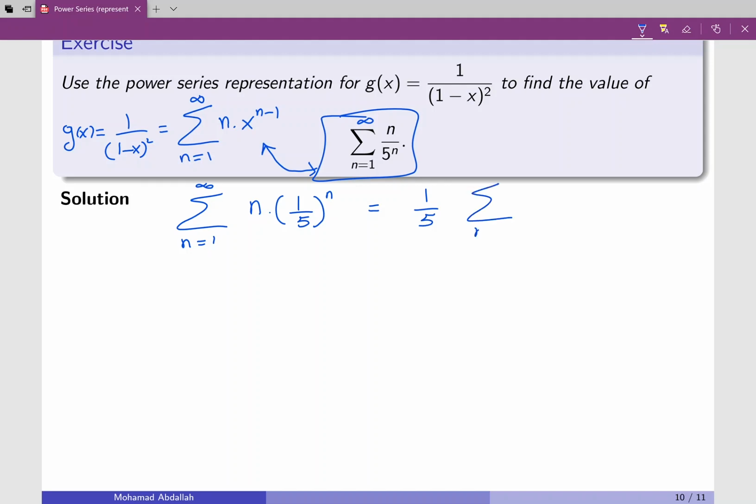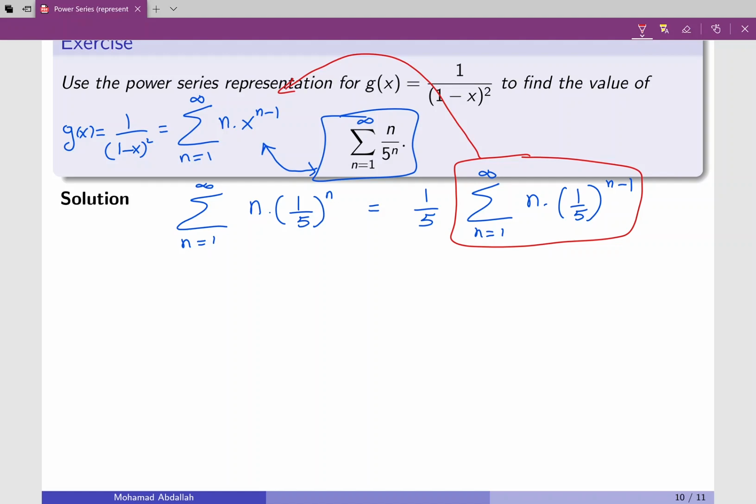And that's going to be the sum from n equals 1 to infinity of n times 1 over 5 to the power n minus 1. Now, I want you to look at this series right here. This looks exactly like that one, but instead of x, I have 1 over 5.